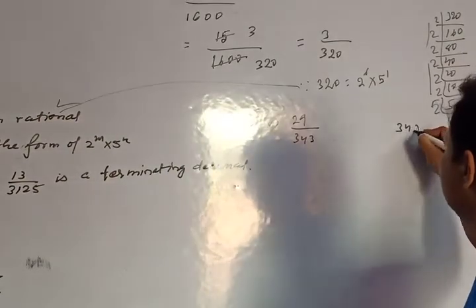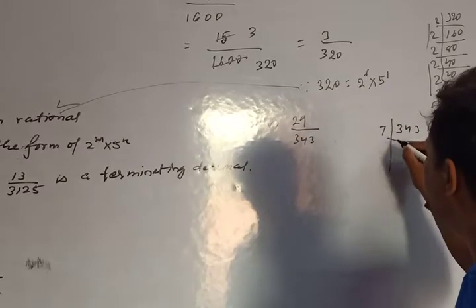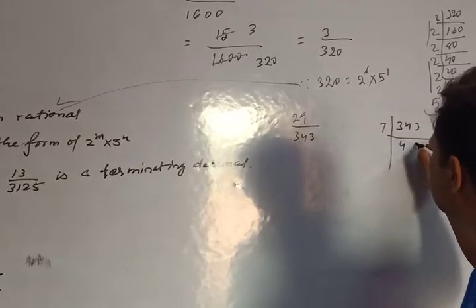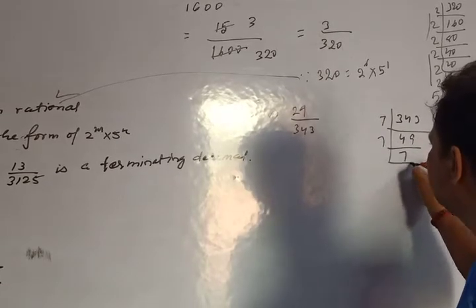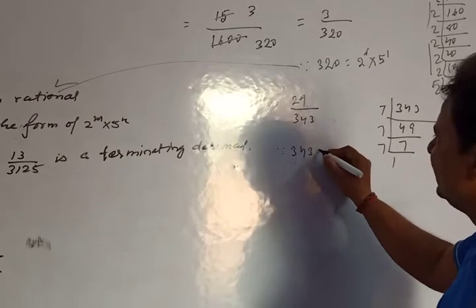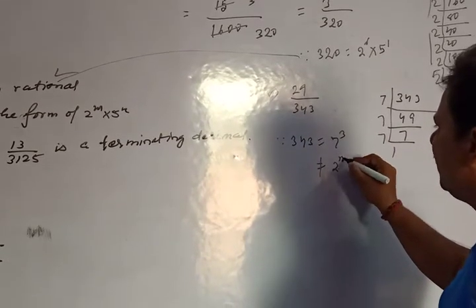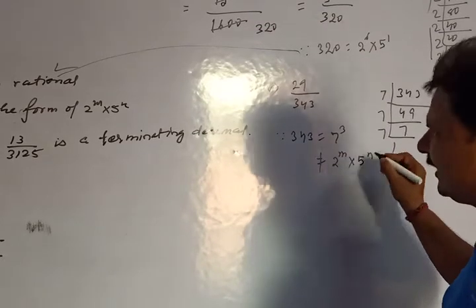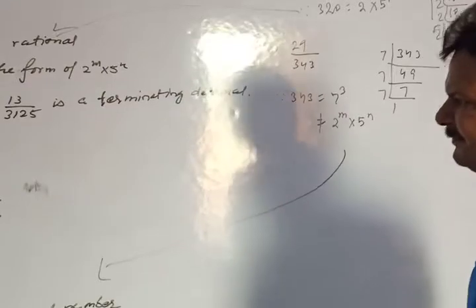Prime factorize 343: 7 4s are 28, remainder 6, 7 9s are 63, 7, 7, 7, 1. Since 343 is equal to 7 to the power 3, it is not in the form of 2 to the power m into 5 to the power n, so this will be the similar answer.